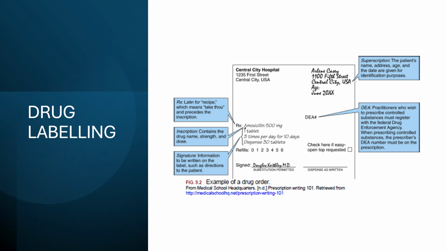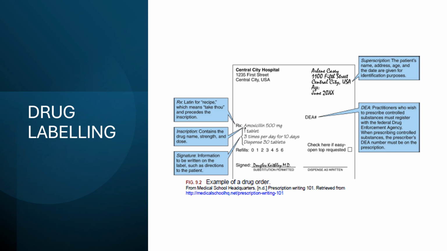Because the order is computerized, illegible orders or signatures are prevented. Before the nurse can administer the medication, both pharmacy and the nurse must validate the accuracy of the patient's prescription order in the electronic health record.